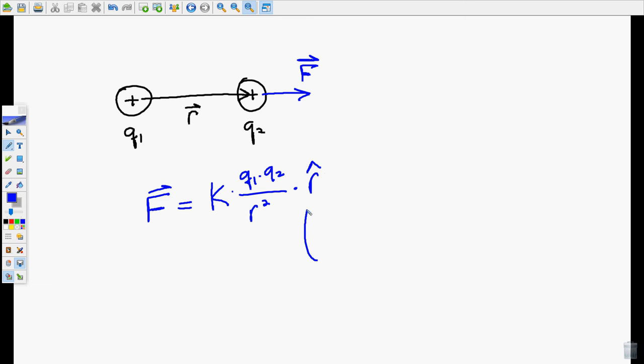So this here is just a unit vector, and this is like fancy-dancy stuff. We don't normally even write that, but this is the official way of writing it, to say that the direction of the force is going to be in the direction of that R vector as long as Q1 and Q2 are both positive.